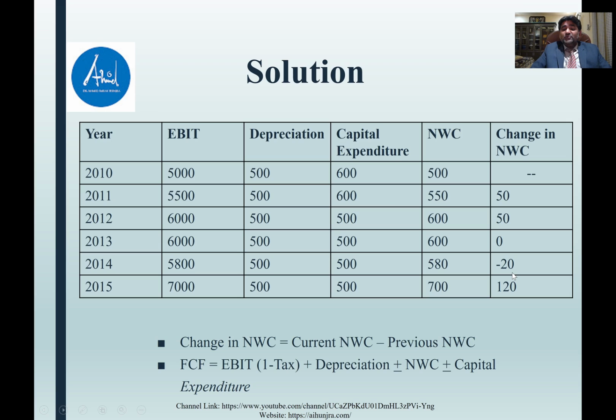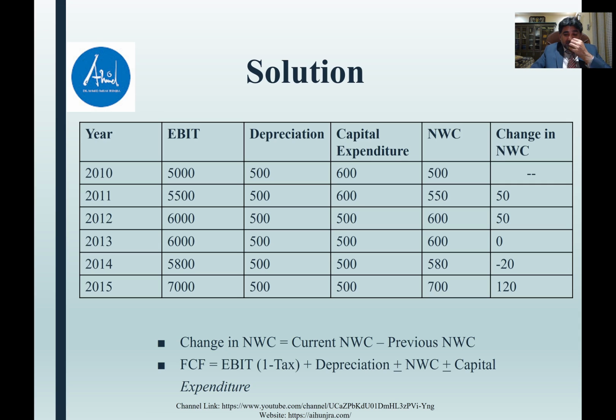Now we have to understand where we put the positive sign and where we put the negative sign. The change in net working capital formula is current net working capital minus previous year net working capital. As we know, free cash flow is equal to EBIT times (1 minus tax) plus depreciation plus or minus the change in net working capital, and plus or minus capital expenditure.